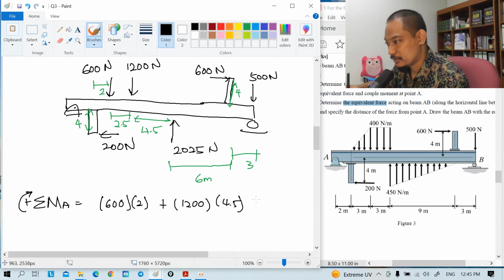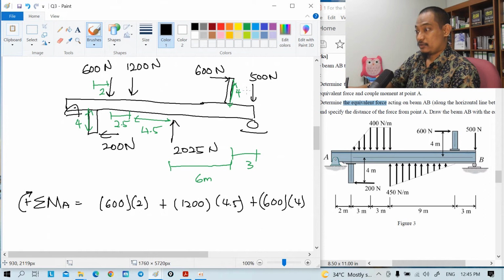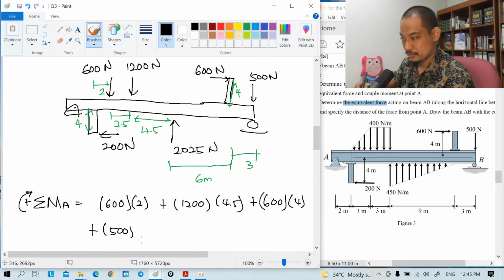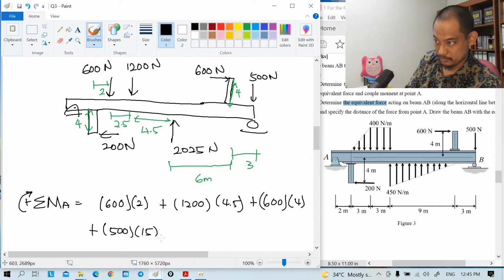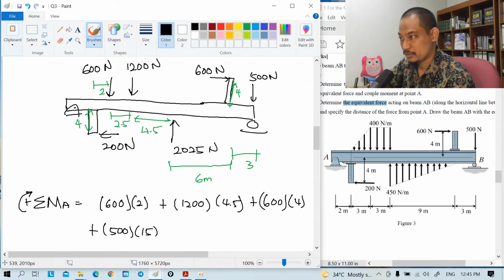And then plus 600 times 4, and then plus 500 times, how many is this? 2, 3, 4, 5, 6, 7, 8, 9. Is it 15? 2 plus 2.5. Sorry, there's another distance here, right?